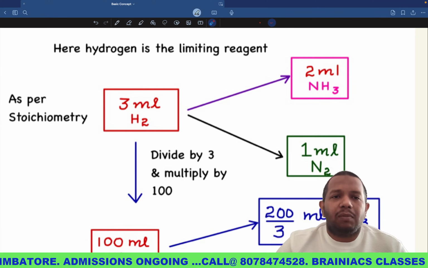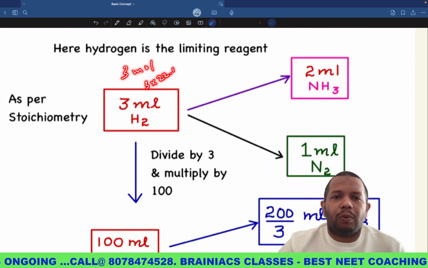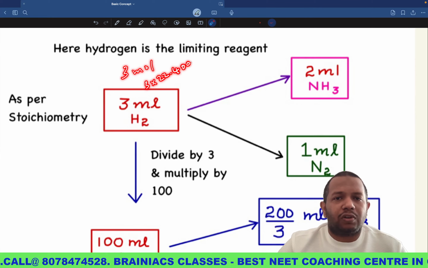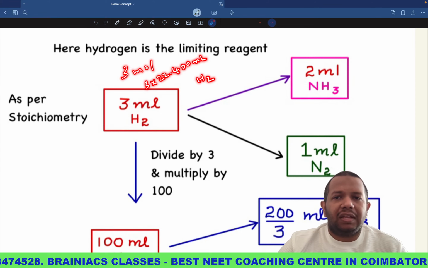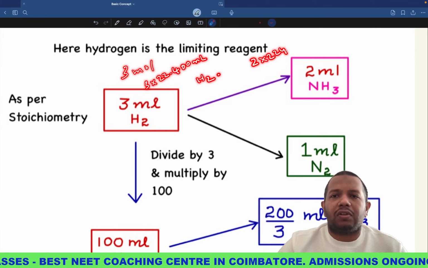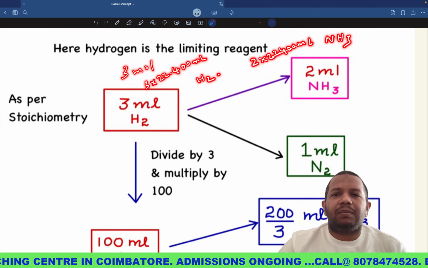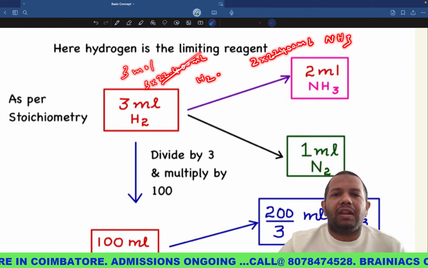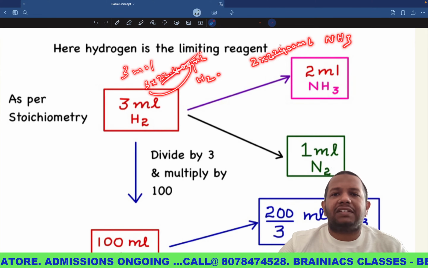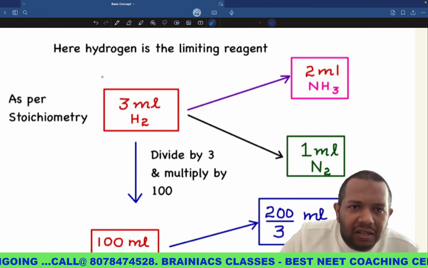Why? 3 mole of hydrogen is equivalent to 3 into 22400 ml hydrogen, which can give rise to 2 mole, so 2 into 22400 ml ammonia. If you cancel 22400 ml on both sides, it will become 3 ml hydrogen gives 2 ml ammonia.